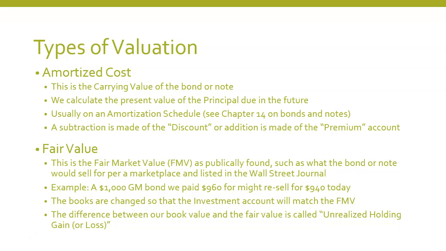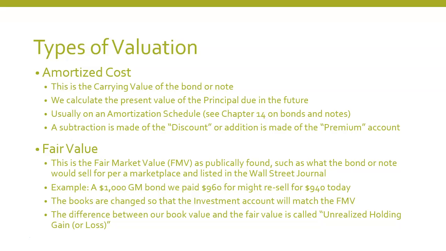The fair market value is where we look up what that bond or note is worth that day, and we can find that in the Wall Street Journal. We can call a broker, whatever. So here's an example: a $1,000 General Motors bond we paid $960 for might resell for $940 today. If we really needed our money back today, then we could go ahead and sell it to somebody else.